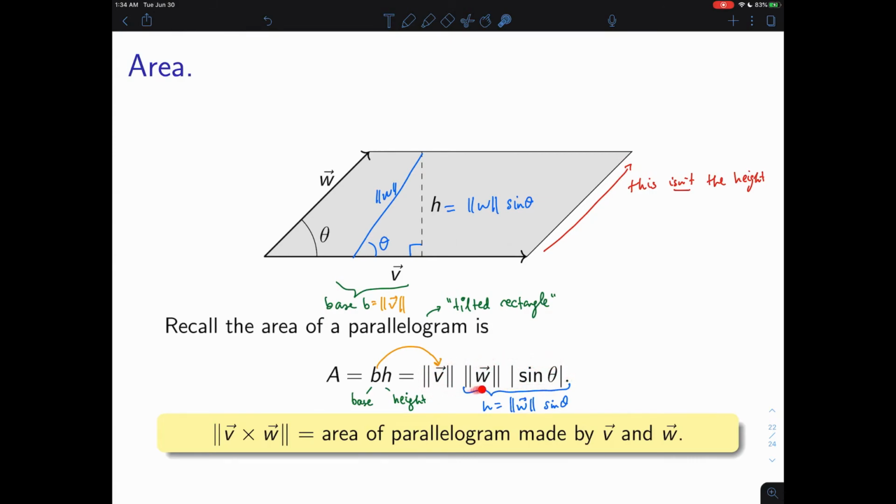this is something we've seen before. Do you remember where we've seen it before? We saw it before for the magnitude of the cross product. And now we're seeing it again for the area of a parallelogram. So the area of a parallelogram made by two vectors turns out to be the magnitude of the cross product.